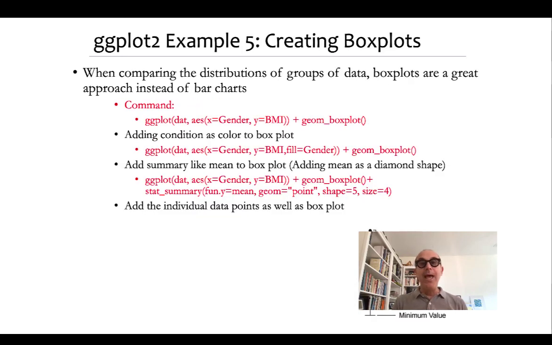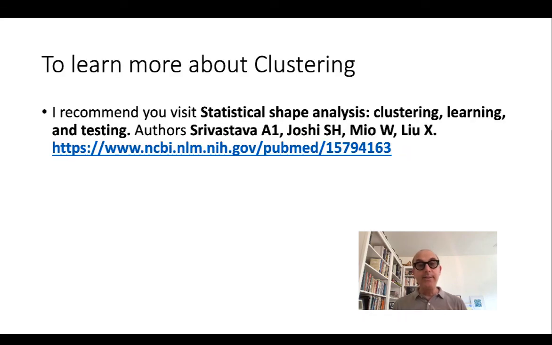And creating a box plot, this is the command, adding a condition as a color to the box plot, and adding a summary like the mean of the plot will add some dimension. To learn about clustering, this is a good example and how to test it, and this is it.